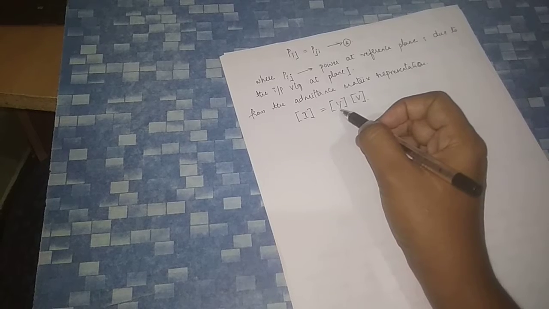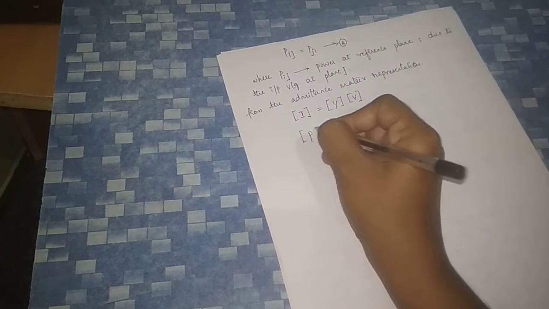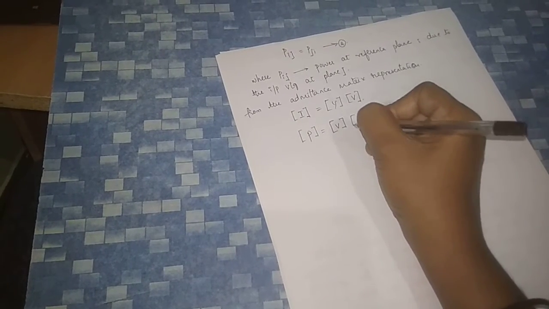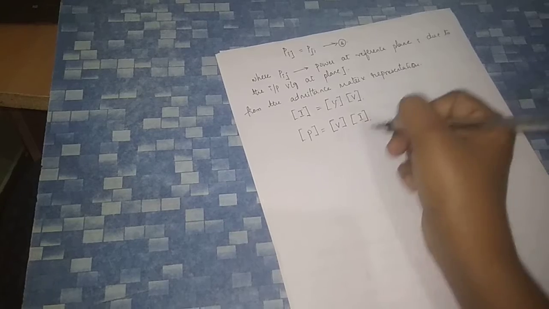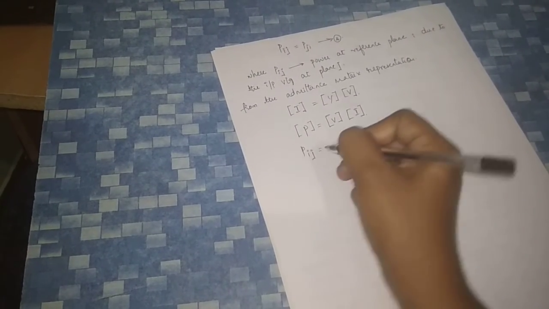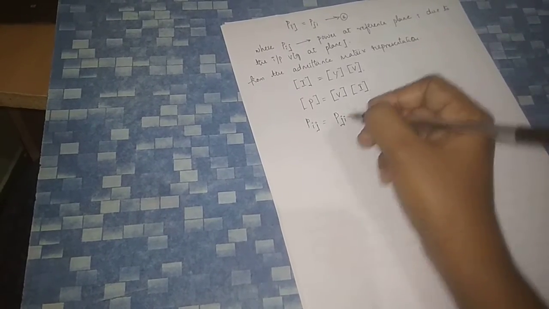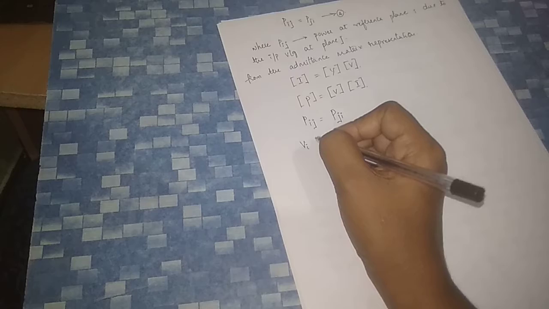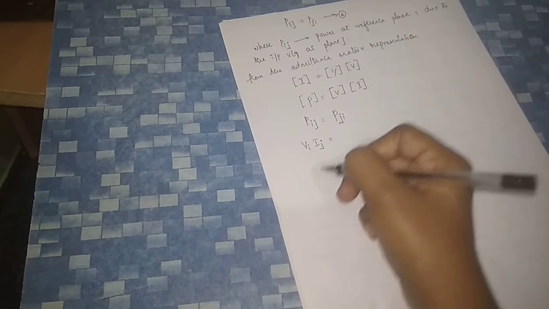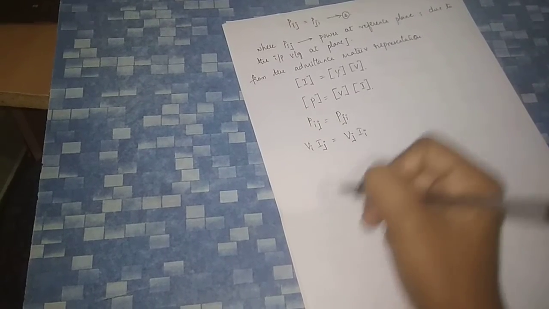We know that P is equal to V into I. So from equation 4, that is Pij is equal to Pji, we can write it as Vi into Ij, which is equal to Vj into Ii.